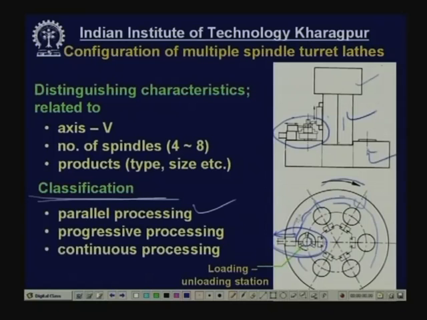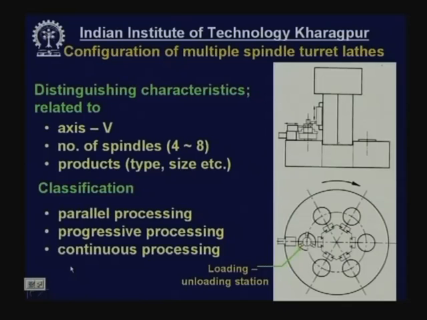Now, when this is moving like this, the other stations will also be coming slowly, and one by one will be loaded. So, all these things will be continuously done. That is, one job will be done in one chuck on one station only, but the station will move like that. So, all of them will give huge production.